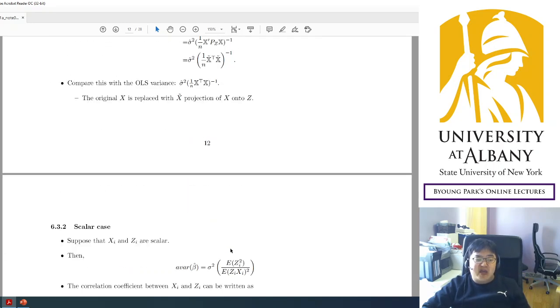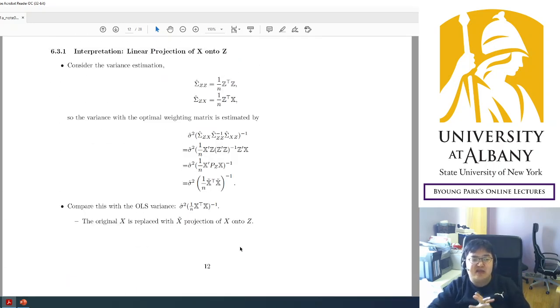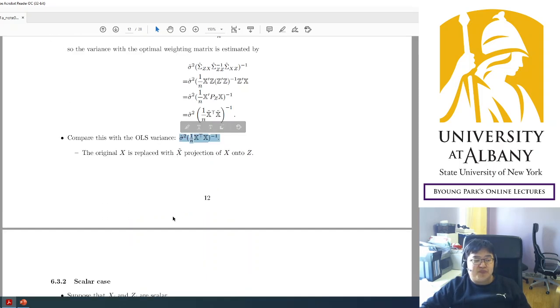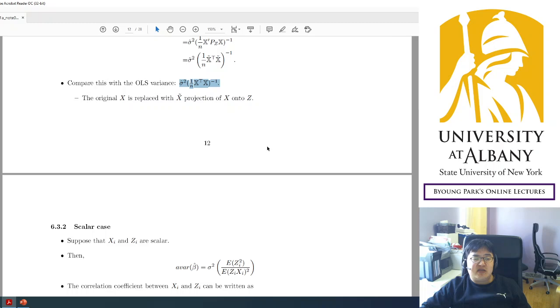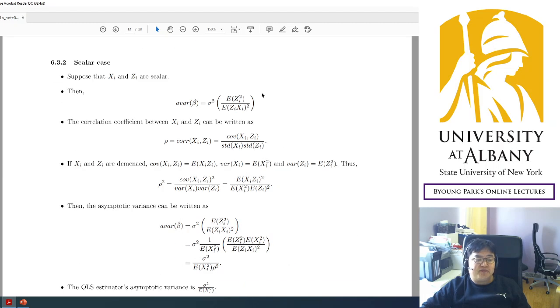So you may understand the IV regression as a regression onto x tilde, which is already a linear projection of x onto z. This is exactly the two-stage least square idea. So the two-stage least square idea can be seen in here. So that's an interesting relationship.